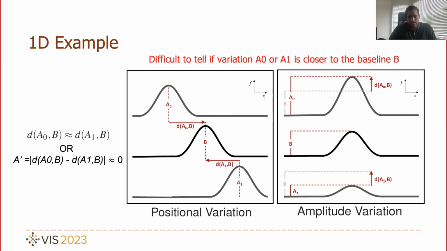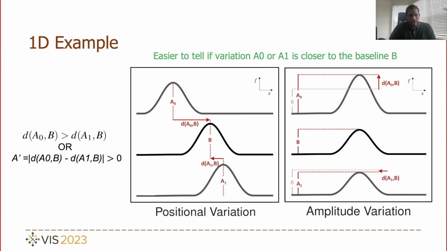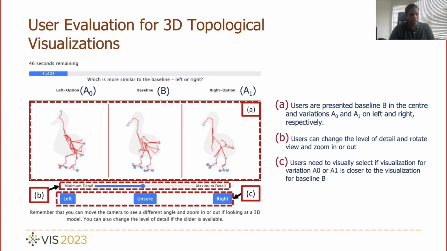It is difficult to tell which variation, A0 or A1, is closer to the baseline B. However, as we increase the distance parameter A dash value, it becomes easier to tell which variation is closer to the baseline B. For example, here perhaps it is easier to tell that the 1D plot for variation A1 is closer to the baseline B compared to variation A0.